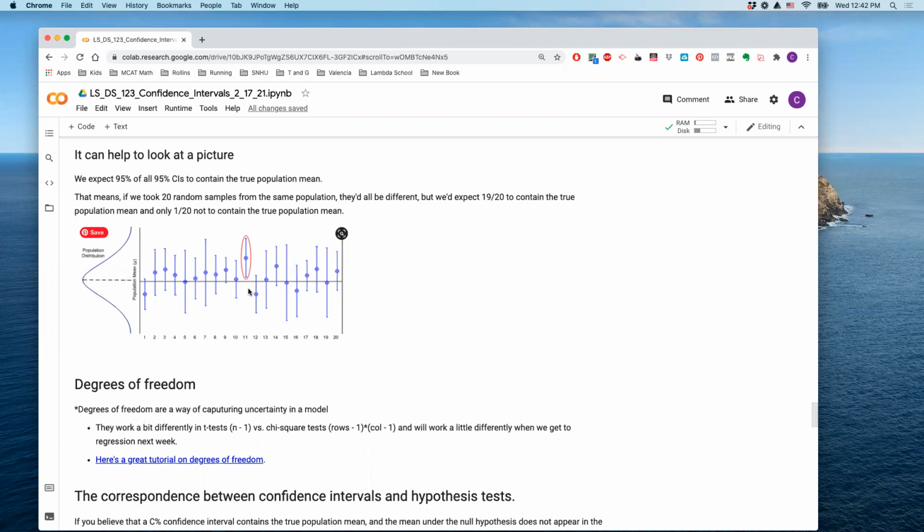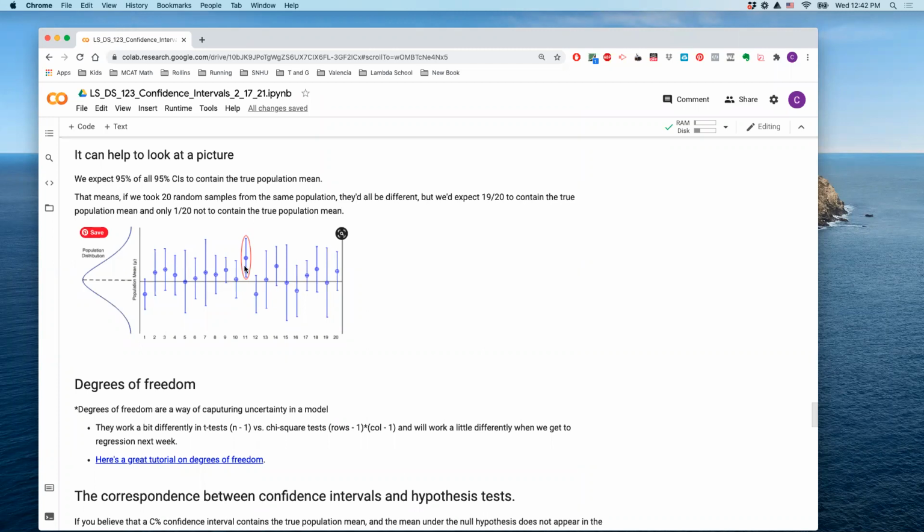So 20 times. We see that if we did this experiment 20 times, then in all but one of them, no matter what the sample mean was, if we add and subtract 2 standard errors, that confidence interval still overlaps the population mean.